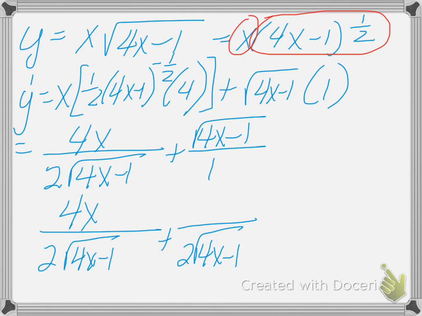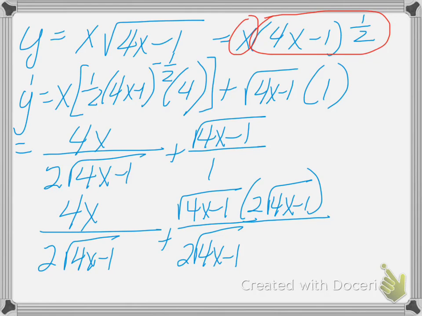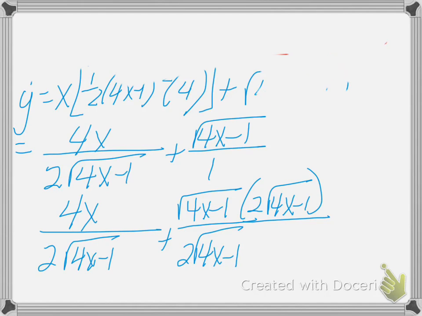Okay, so my new fraction is just going to be this times this. Okay, I'm going to erase this part up here so I don't have to go to the next page because then you won't see what I did.